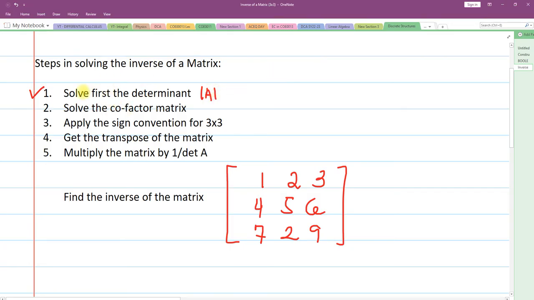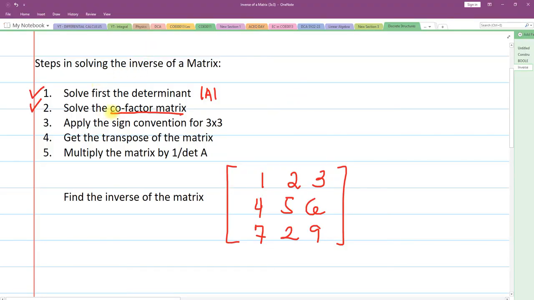And then we are going to solve the cofactor matrix, meaning we get the cofactor matrix by getting the determinants by the cofactor method. The resulting matrix will still be 3 by 3. I'm going to show you what that cofactor matrix means later.